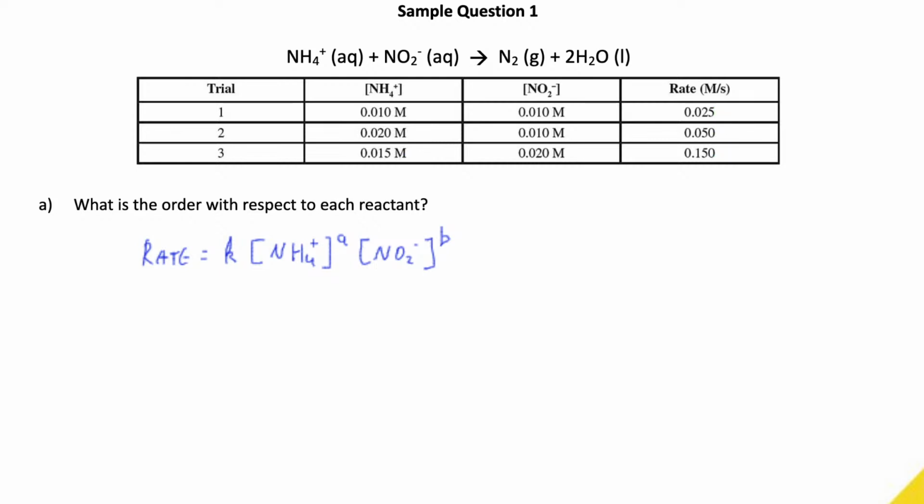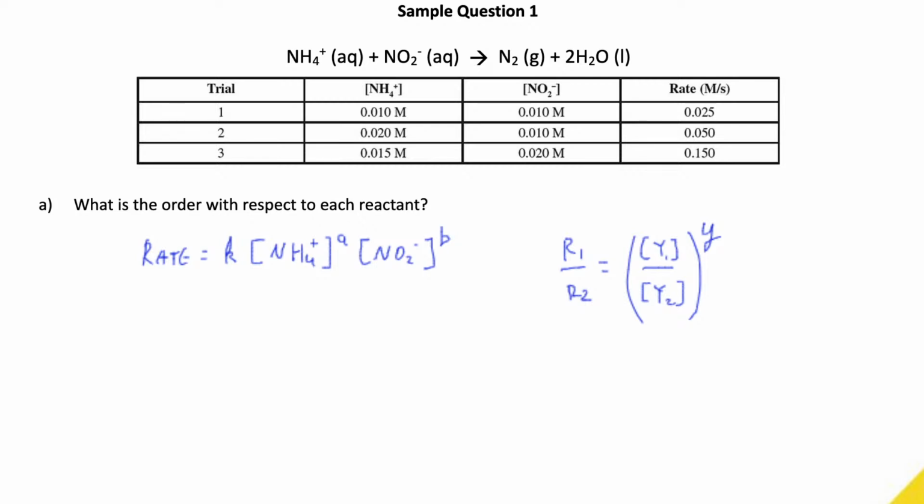So essentially, this is an equation you could use. You could say R1 over R2 equals concentration of Y1 over concentration of Y2, where Y1 and Y2 are reactants, to the power little y. Because these are in the same ratios, I know that for ammonium, A equals 1.